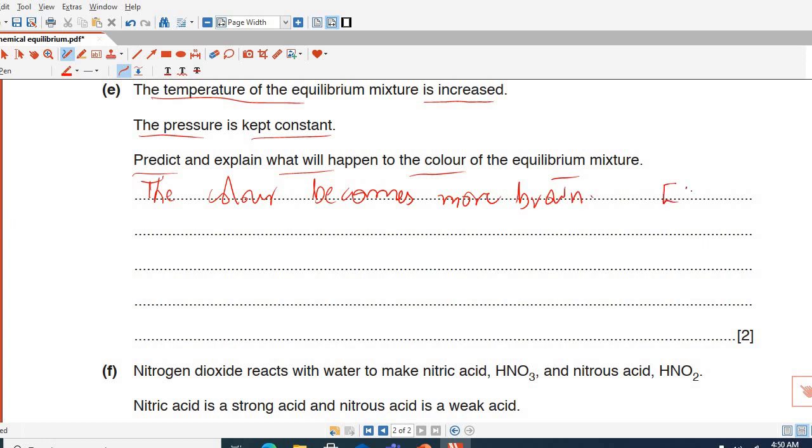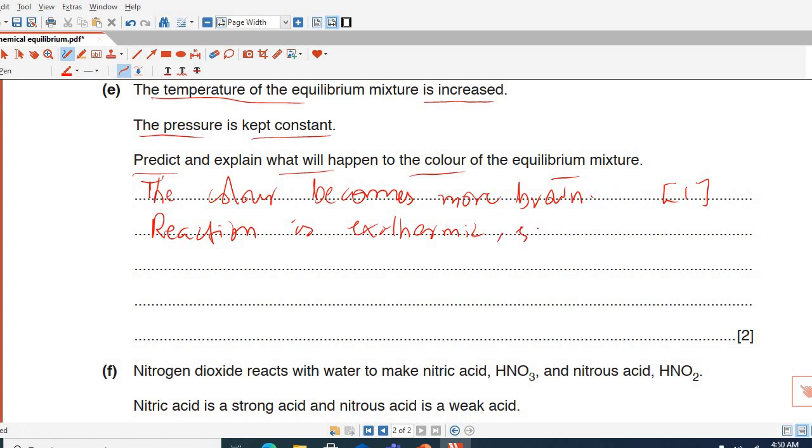This is the 1 mark, right? And then why you can say that the color will be more brown. So as you know that reaction is exothermic, right? Reaction is exothermic reaction.